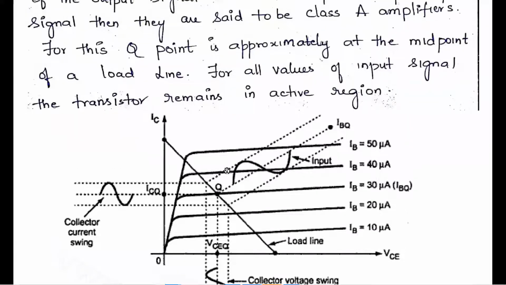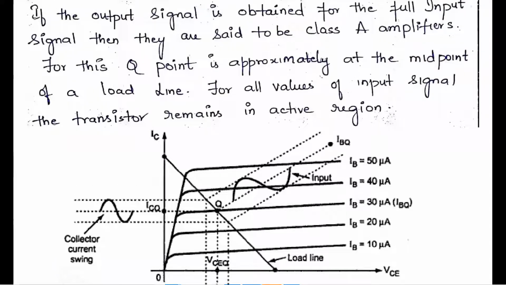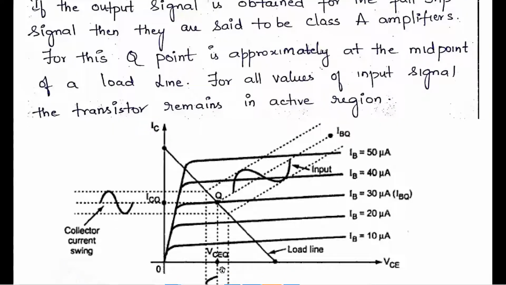Okay, so important point is class A amplifier, we want both the positive and negative half cycles. So we operate in the center of the active region. Center of the active region, what does it have? Y-axis, IC value. X-axis, VCE value. So it is nothing but some VCE value, comma, some IC value.